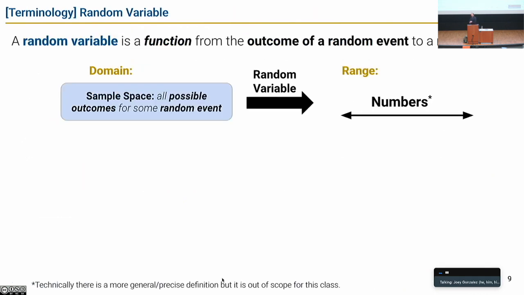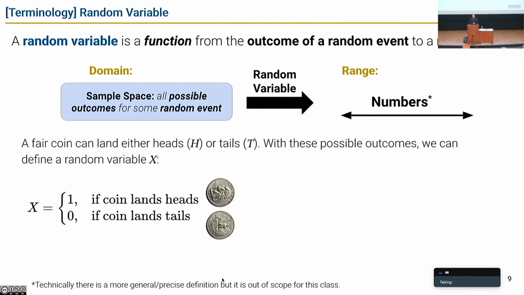All right, so first, what is a random variable? It's a confusing term, a random variable, because it's not a variable, it's a function. So a random variable is actually a function from the outcome of some random event to a number. Technically, it can be something more general, but for the purpose of this class, we'll say to a number. To give you an example, take a fair coin.